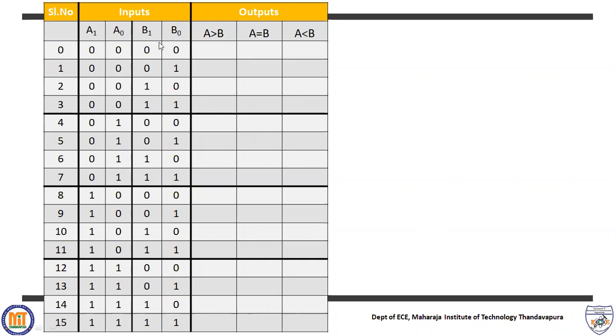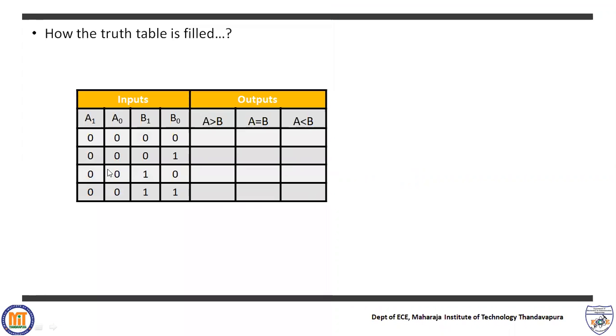First I will be considering these first 4 input combinations. The value of A1 and A0 is 0 0, and similarly B1 and B0 is also 0 0. Now we are considering the magnitude. I will take this whole thing as a single value and this whole thing as a single value.